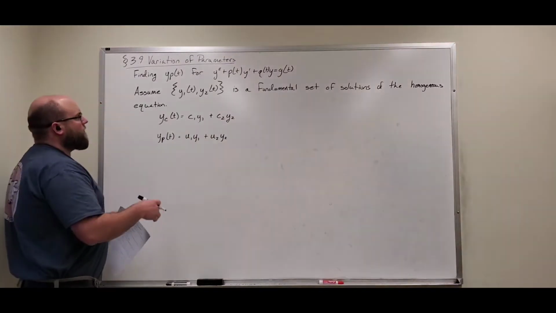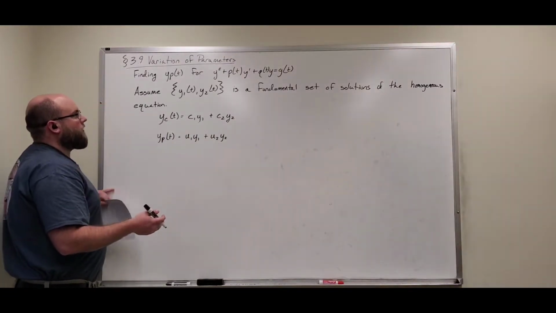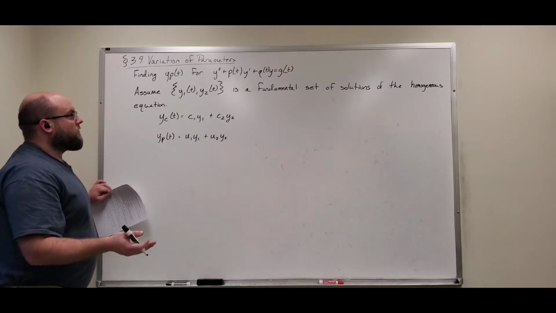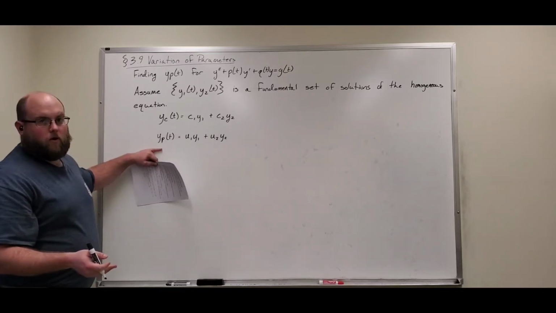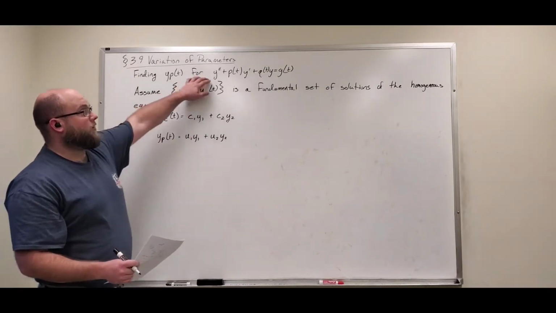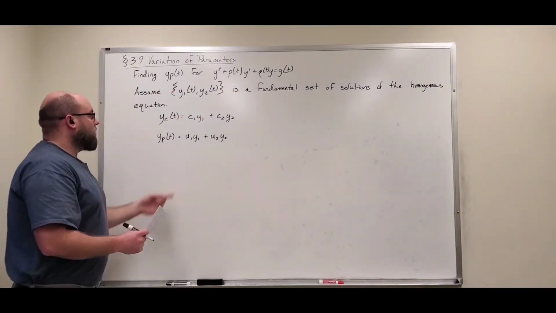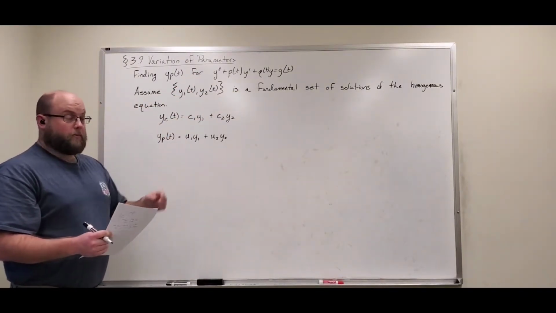The very first thing we need to do is find the first and second derivative of our particular solution, so that when we put it into the equation, we can solve for u1 and u2.